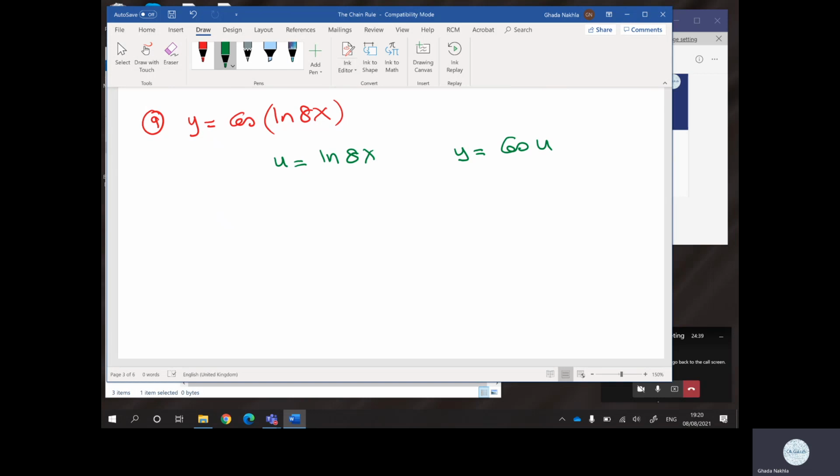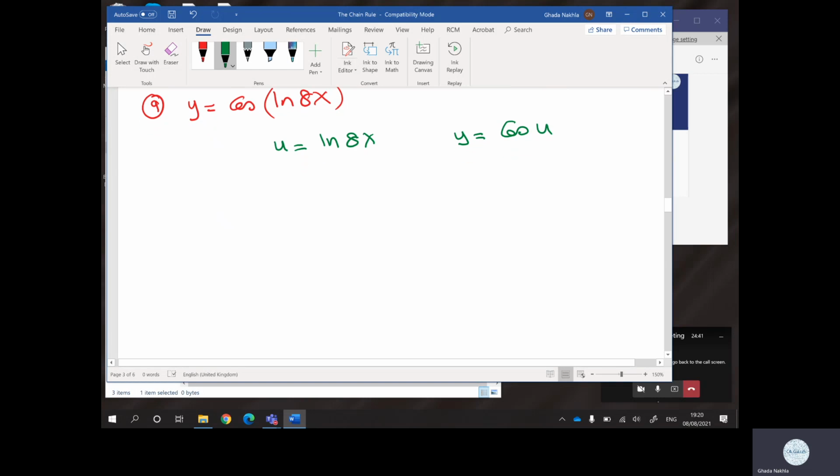Now let's differentiate this one, and this one is slightly complex. We need to apply the chain rule again in here. I need to say let a equals 8x, u equals ln a. I'm applying the chain rule inside the chain rule. Because I don't know what ln 8x differentiates into.